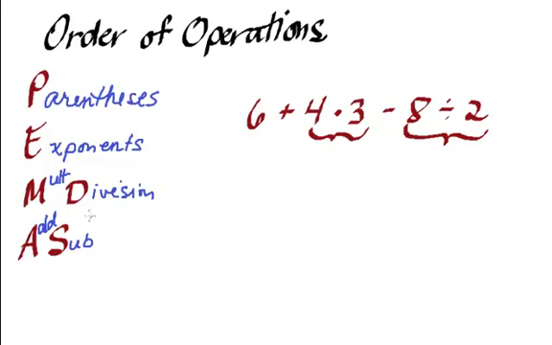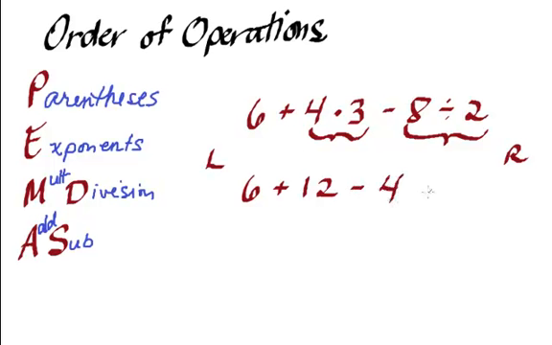Now, whenever it comes to multiplication and division, and addition and subtraction, you've got to do them in order from left to right as they appear. So we're going to do 4 times 3 first. So we have 6 plus 4 times 3 is 12 minus, now we're going to do 8 divided by 2 is 4.